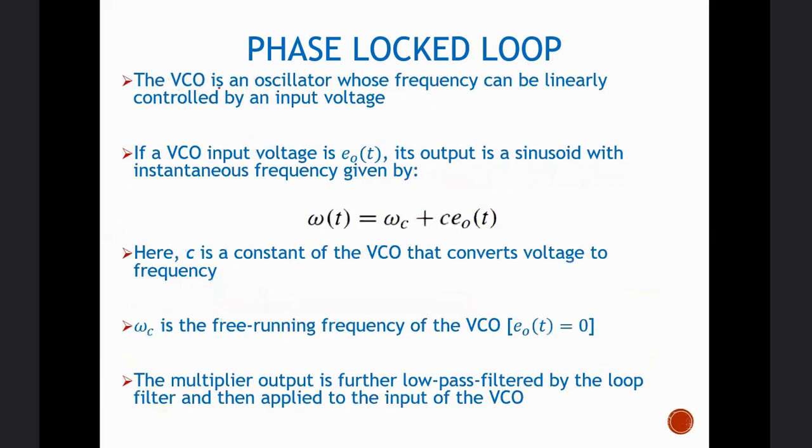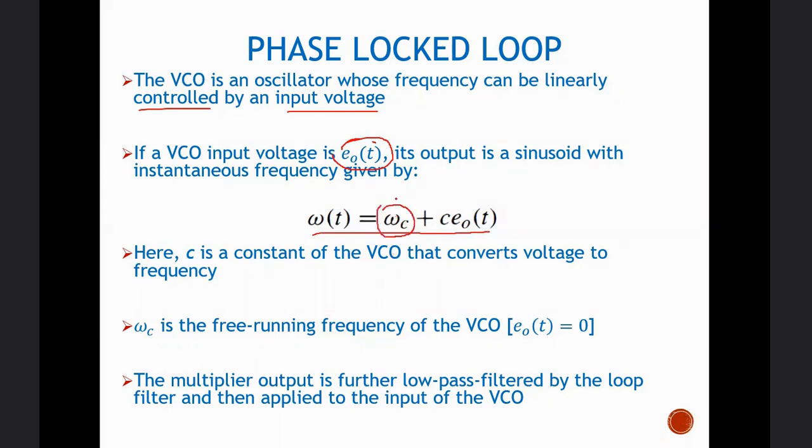So the VCO is an oscillator whose frequency can be linearly controlled by an input voltage, right? So if a VCO input voltage is e0(t), its output is a sinusoid with instantaneous frequency given by this expression. In this expression, omega C is the free running frequency of the VCO.